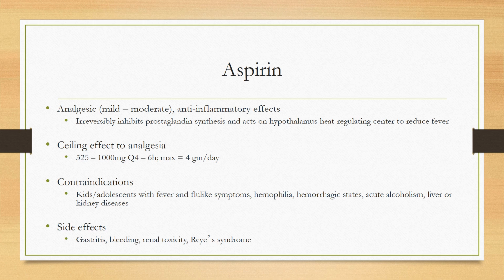Remember, at lower doses, i.e. 81 to 162 milligrams, you're inhibiting platelet aggregation. So if you have somebody on a gram every 4 to 6 hours, then you are essentially inhibiting their platelet aggregation, and they're going to be at a higher risk of bleeding. Side effects: gastritis, bleeding, renal toxicity, Reye syndrome, and it can also exacerbate asthma. So just keep all that in mind.